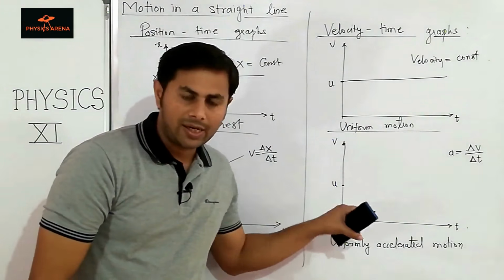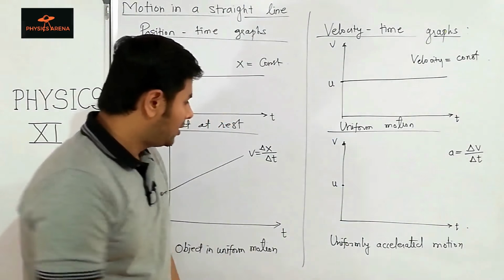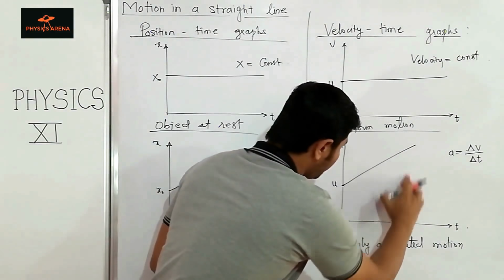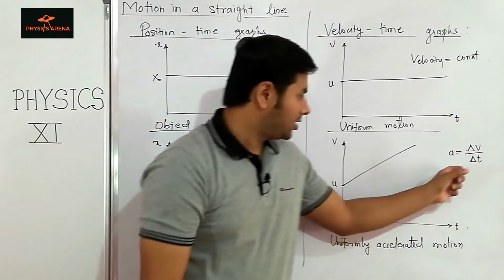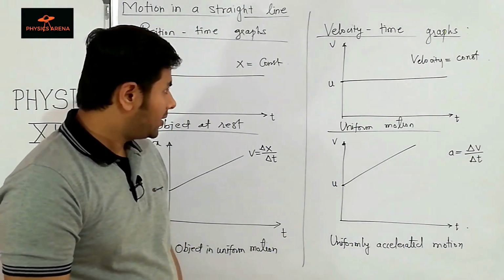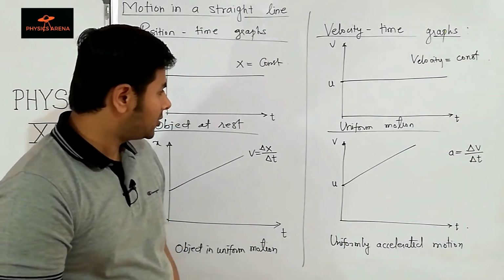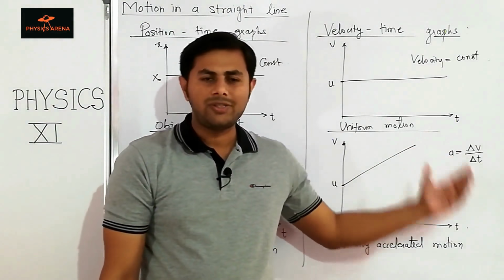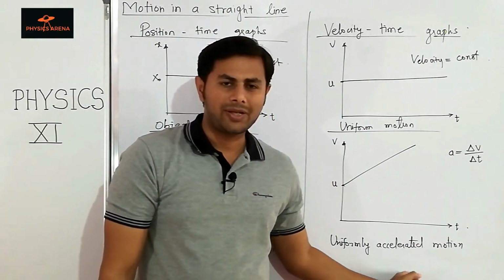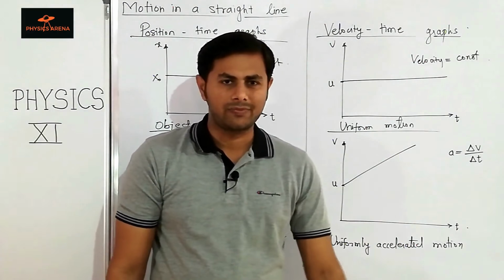The graph will start with the starting velocity and will be like this. The slope of this graph will give us the uniform acceleration. So by merely using analogy, we plotted the velocity versus time graphs for uniform motion and for uniformly accelerated motion.